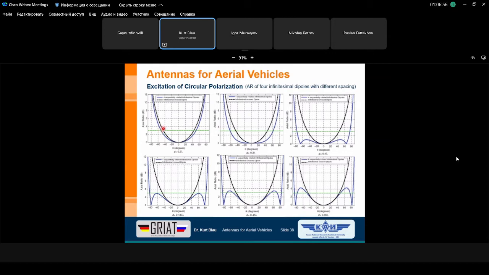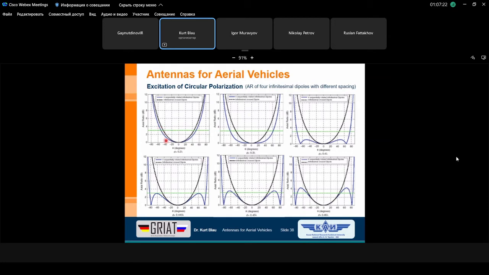And we can say that our circular polarization degrades from a perfect circle to an ellipse with an axial ratio of 2, or 3 dB, and we can achieve this in this angle range of radiation. It's about 100 degree.